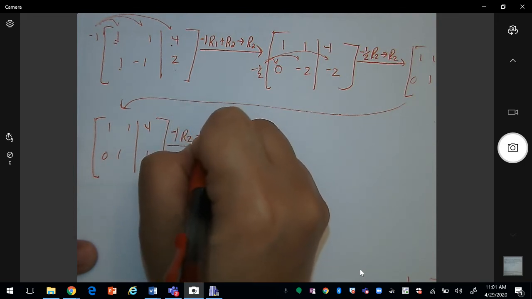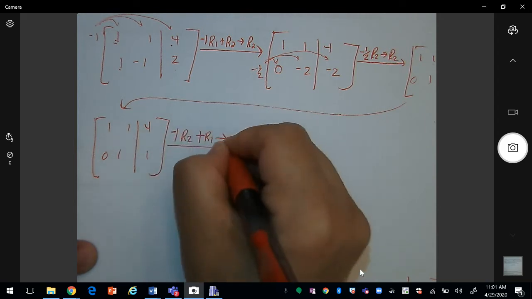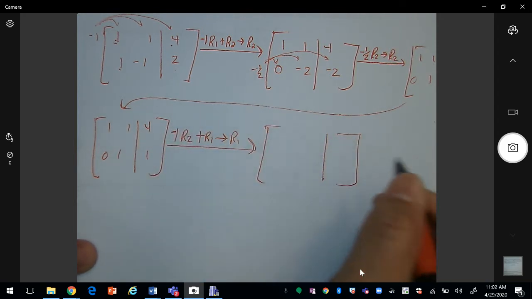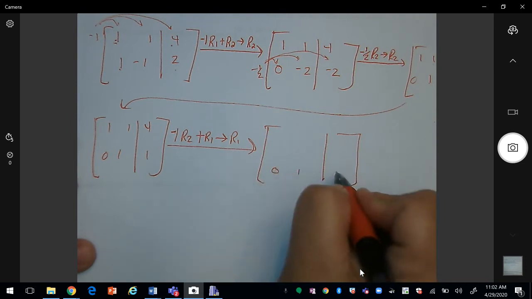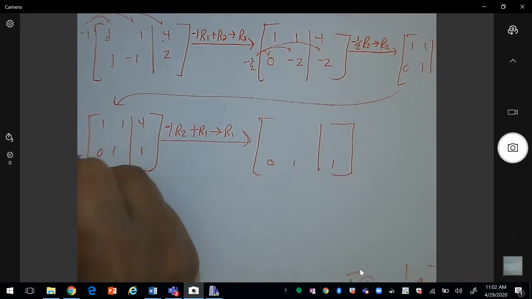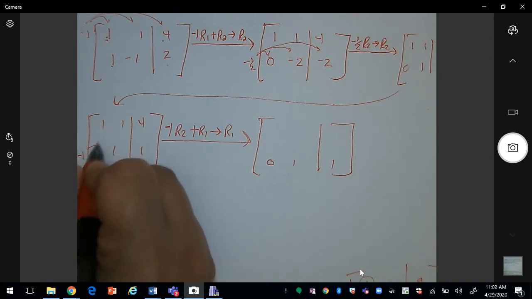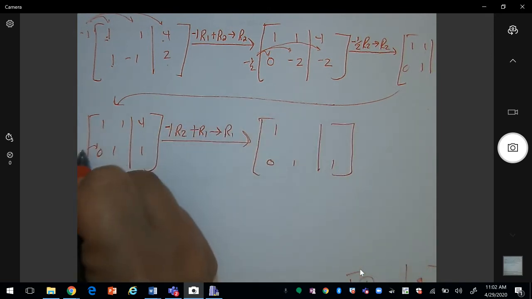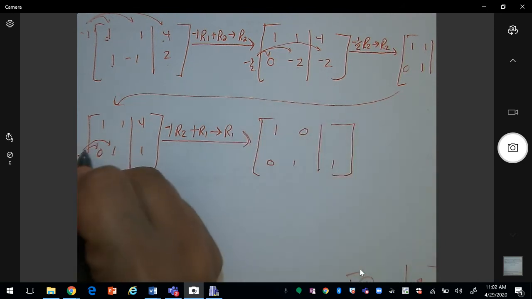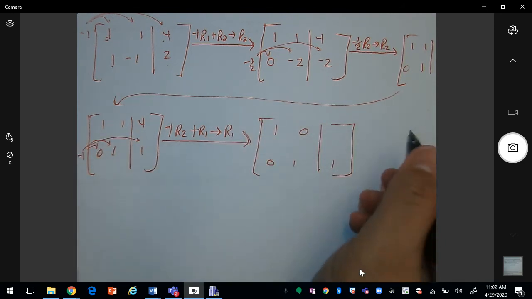I'm going to add it to row 1, and I'm trying to change row 1, so I'm going to put my solution back into row 1. I'm not going to change row 2, so I just write it down. And so now I'm going to multiply -1 times 0 is 0, plus 1 is 1. -1 times 1 is -1, plus 1 is 0. And -1 times 1 is -1, plus 4 is 3.